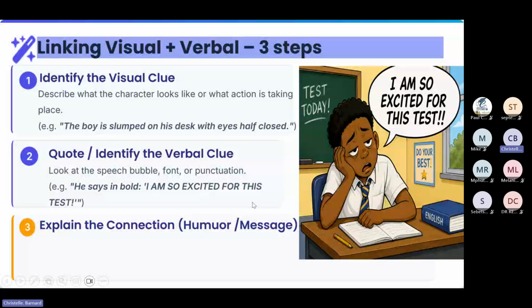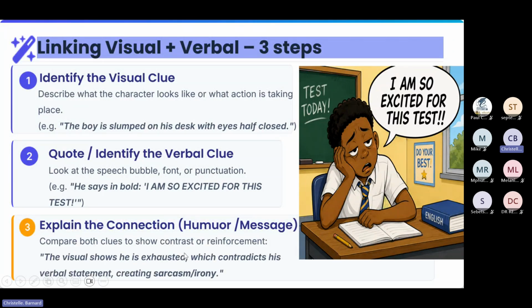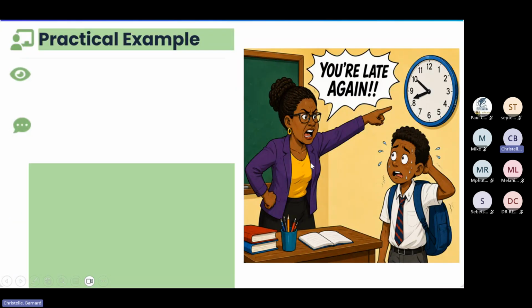But now if we connect the visual clue, looking tired, discouraged, unhappy, with the words that sound excited, and you put that together, you can say that it's contrasting, and it sounds as if the boy is sarcastic when he says, oh, I'm so excited about this test. So that is how you use visual clues and how you use verbal clues.